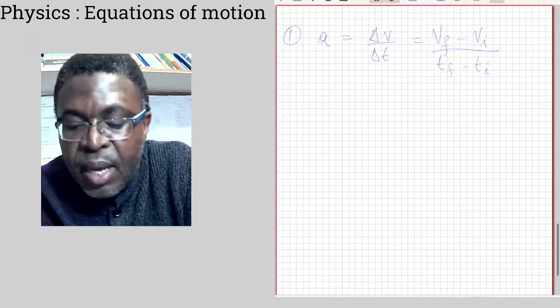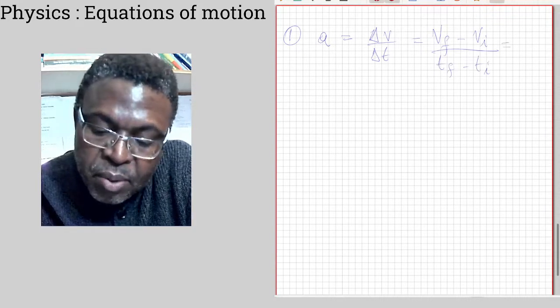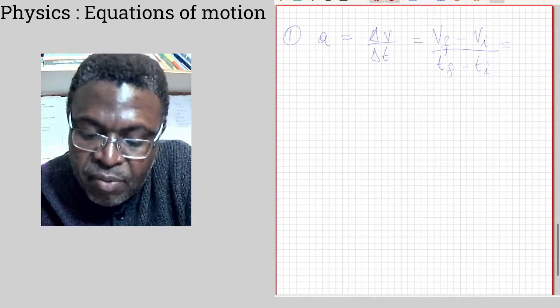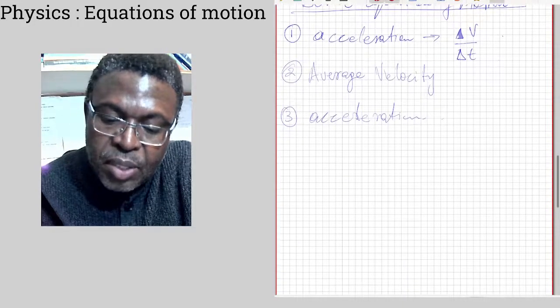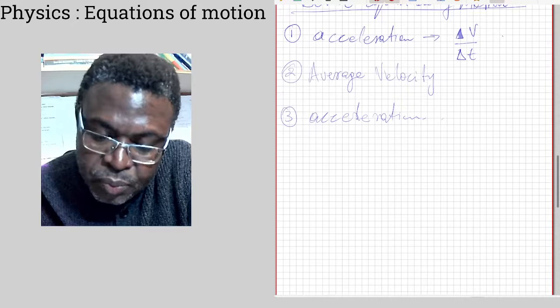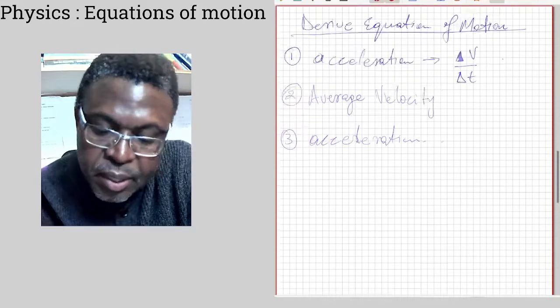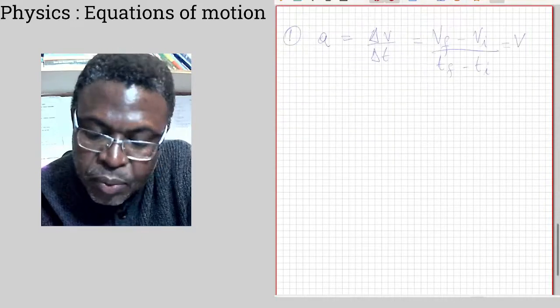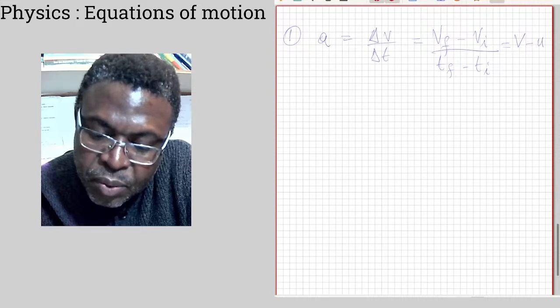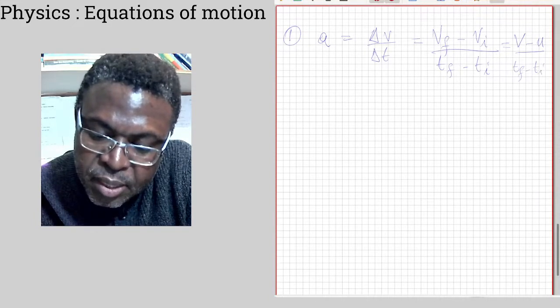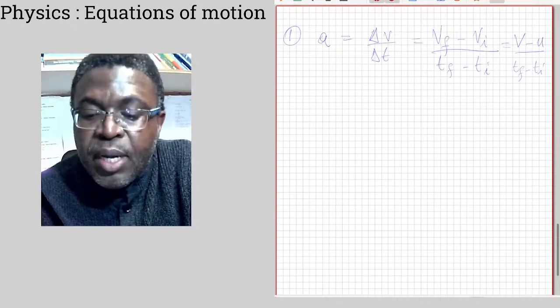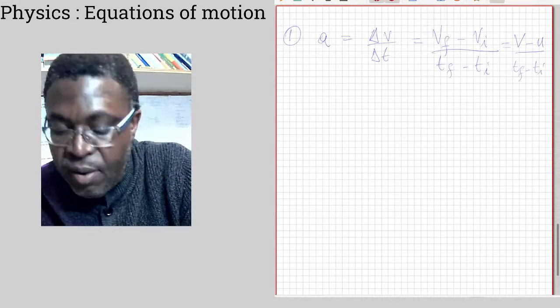Sometimes they make this very simple: Vf becomes V and initial becomes U, so it becomes V minus U over Tf minus Ti. But for now, let us use Vf and Vi.